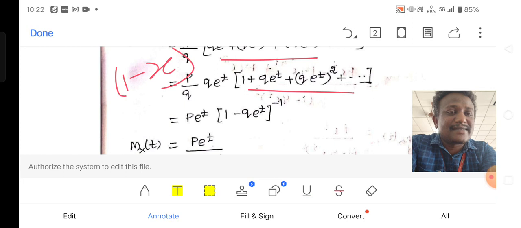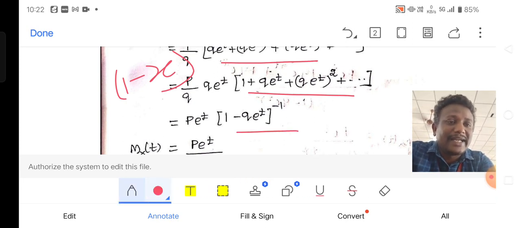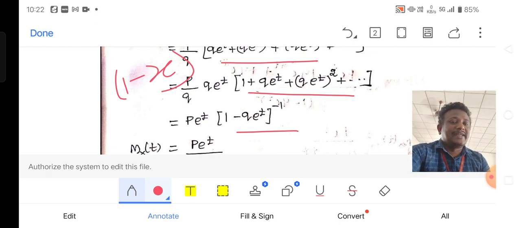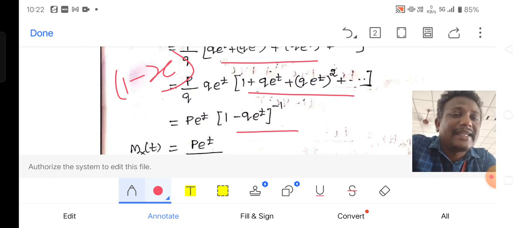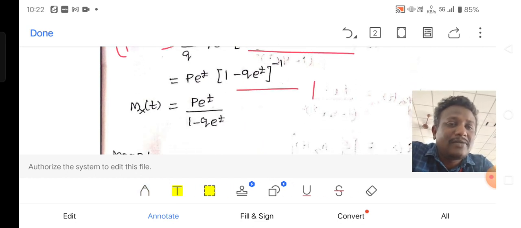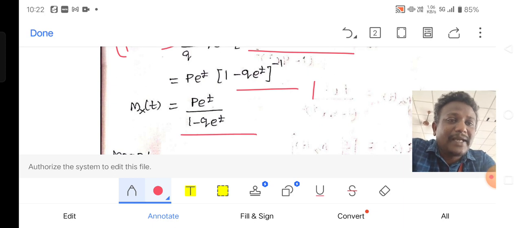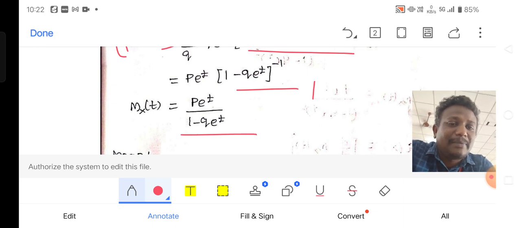So apply this result in this form. Here x is q into e power t. Then power minus 1 can be written as 1 by, so this can be written as 1 minus q into e power t. So M_X(t) equals p e power t divided by 1 minus q e power t.